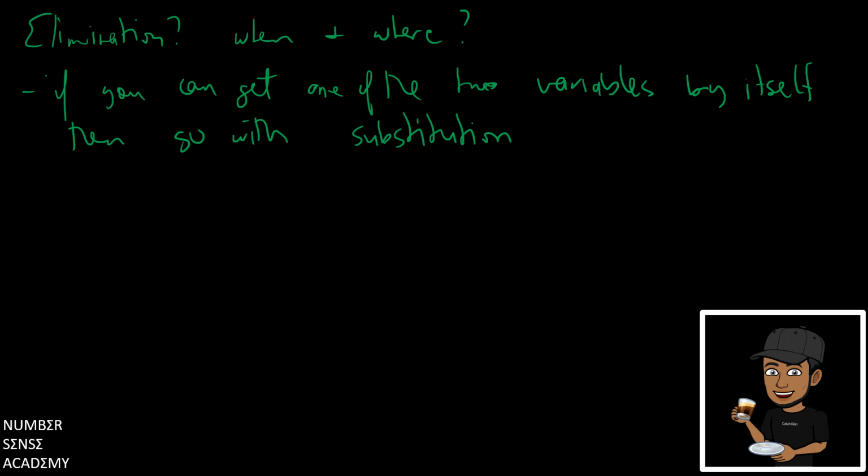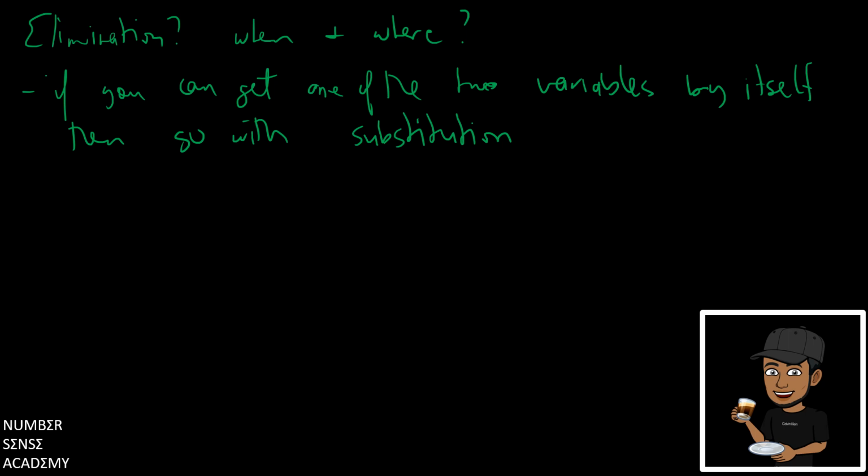As with substitution, the goal is to get an equation that has only one variable in it, and then once we solve for that variable, we can replace the value into one of the existing equations and solve for the other variable.